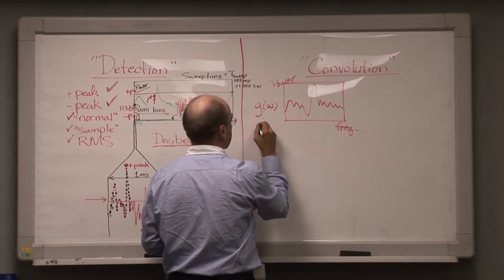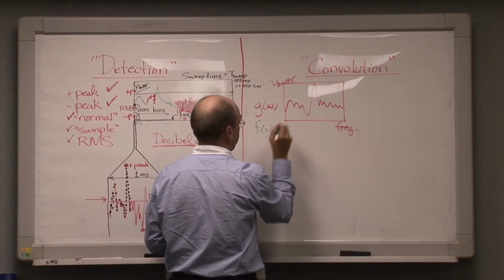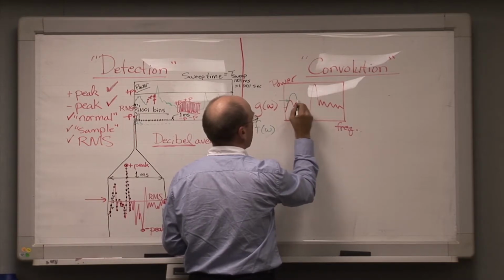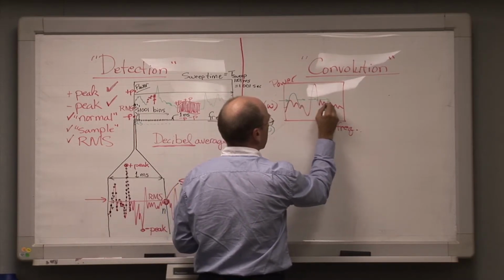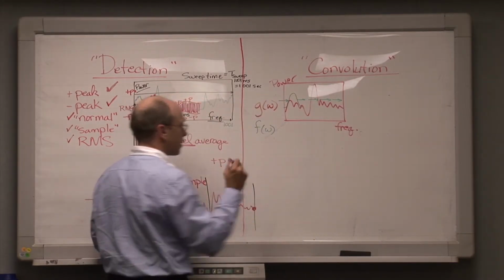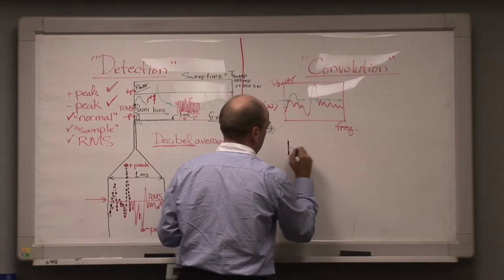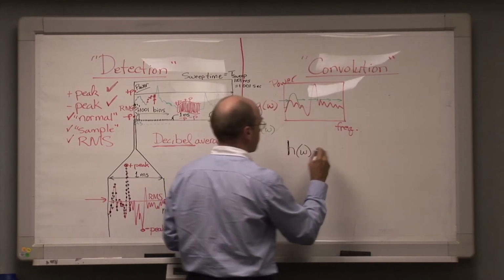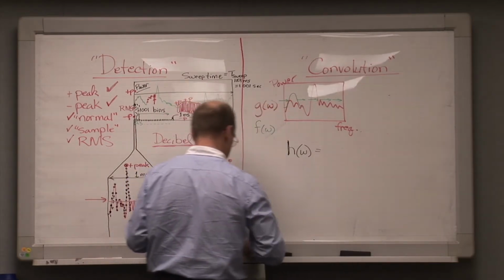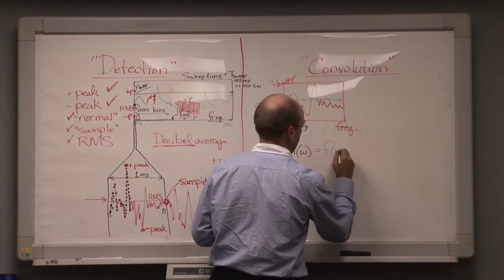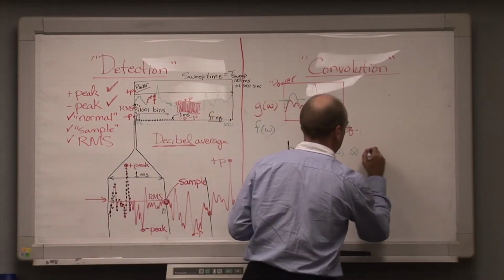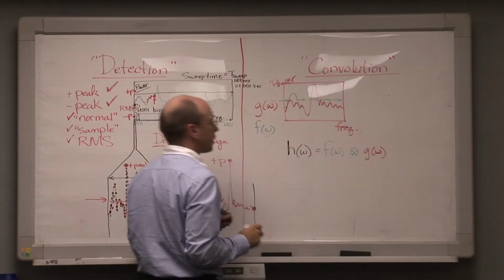and we'll call this F of omega, label it in green. We're actually going to move this filter shape across this spectrum, and the result is going to be a function h of omega, which is equal to the convolution of f of omega convolved with g of omega, like so.